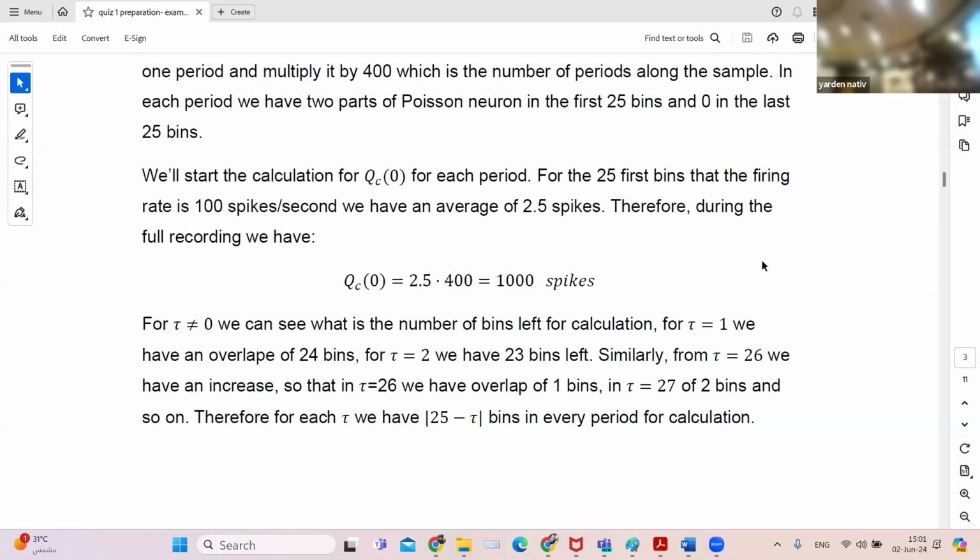Because I will count it for each beam. It's this plus this one plus this one. And then we multiply by 400, since we have 400 units like this.